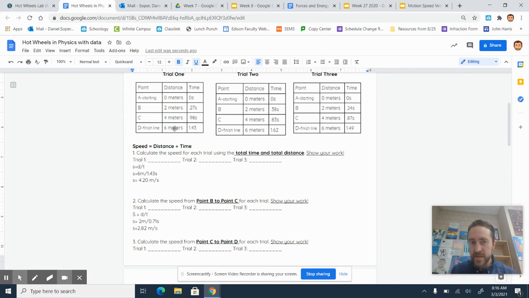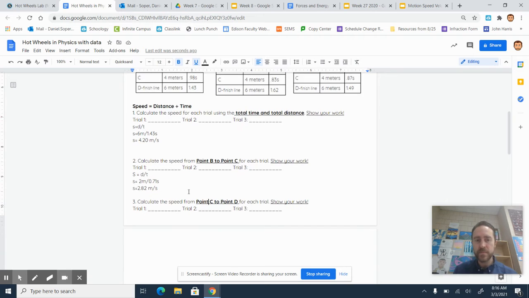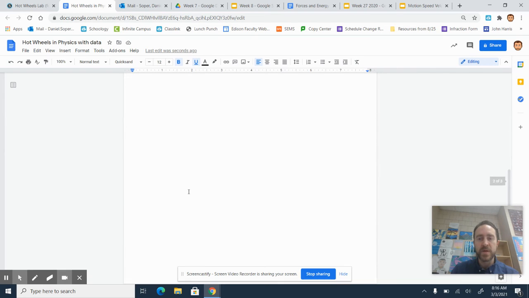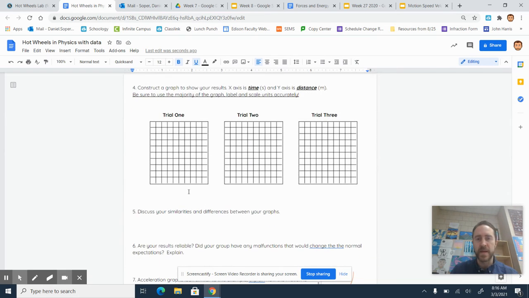You move 2 meters, and then take this number minus this number to get how long it took, and that gives you its speed. If you need to pause the video at this point and go back and do that, you can, and then come back when you're ready to do the next section.